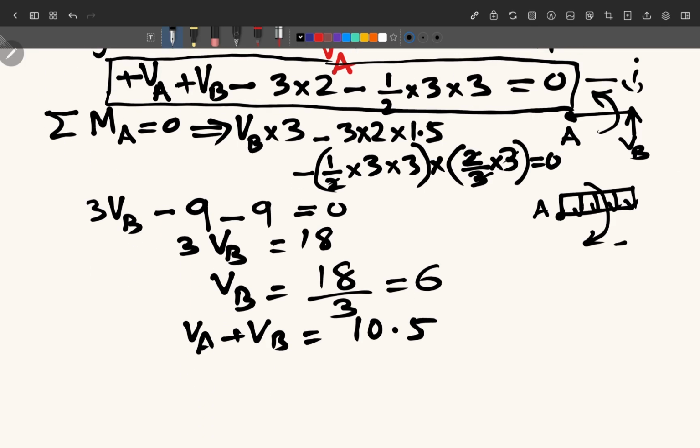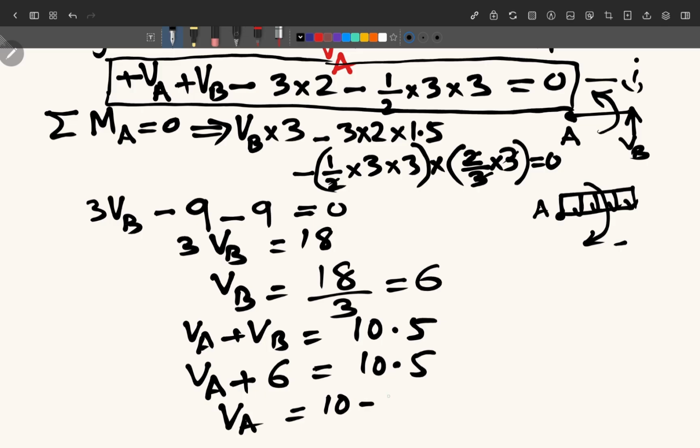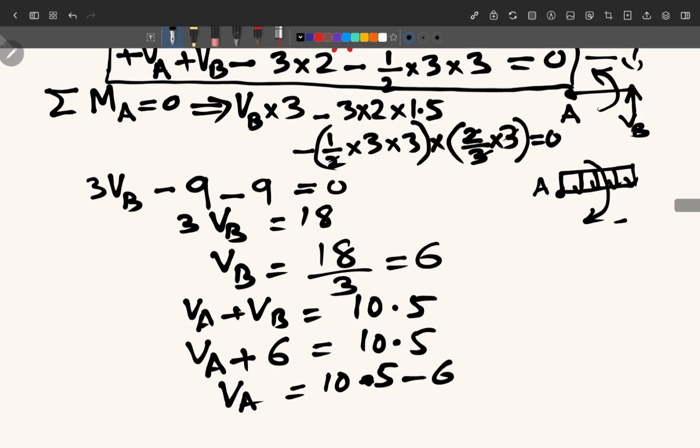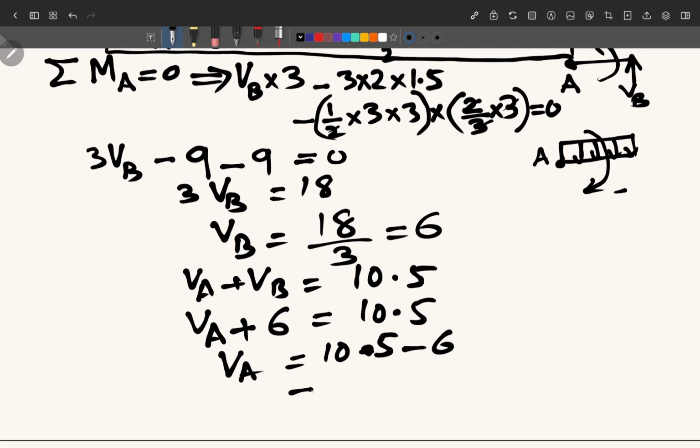So in this equation we substitute the value of VB, that is 6, so we get VA plus 6 equal to 10.5. Therefore VA is 10.5 minus 6 equal to 4.5.